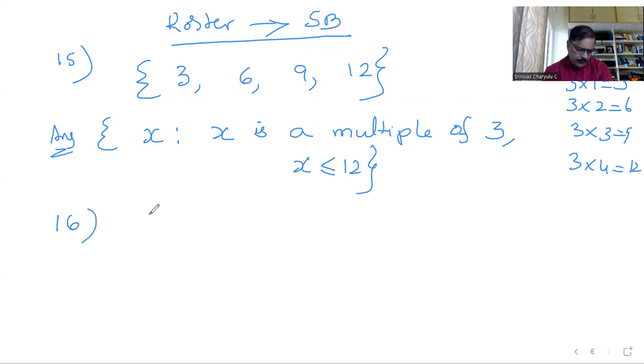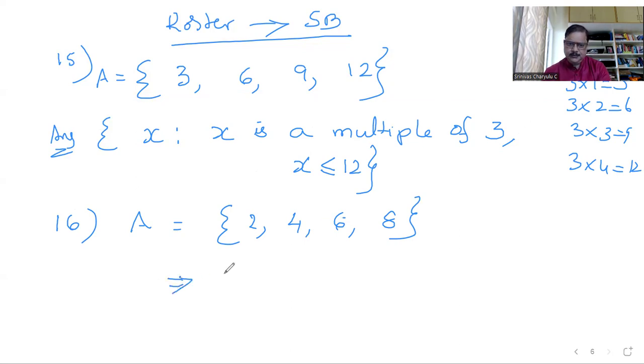Next, 2, 4, 6, 8. So you can write down here, there are many ways you can choose this method. Set of all x such that, you observe here, 2 into 1 is 2, 2 into 2 is 4, 2 into 3 is 6, 2 into 4 is 8.